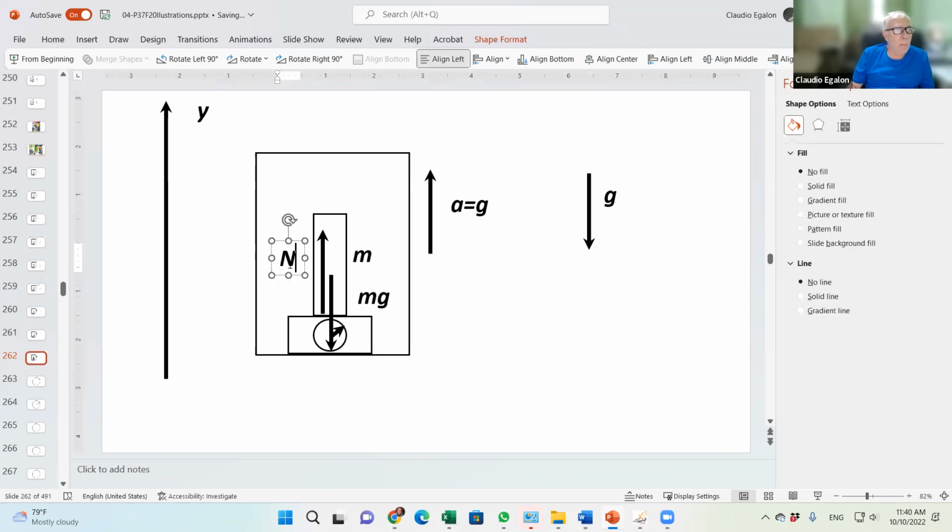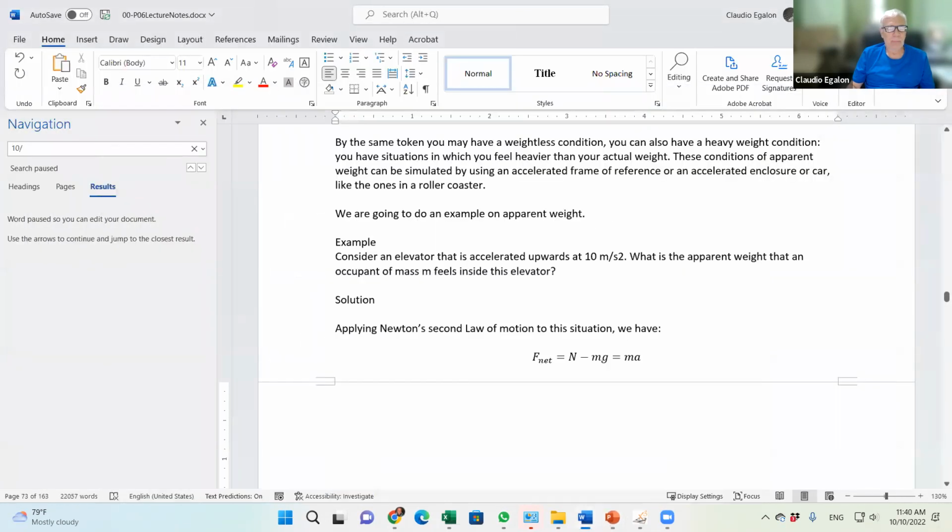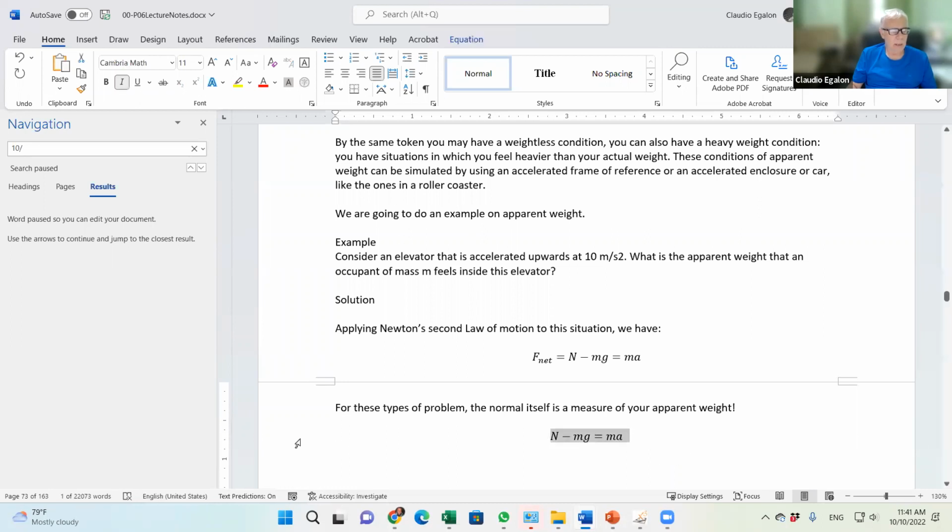So the normal itself, in the case of this elevator, is a measure of your apparent weight. For these types of problem, the normal itself is a measure of your apparent weight. So if you want to know your apparent weight, all you have to do is to calculate the normal force. This normal force that you see right here.